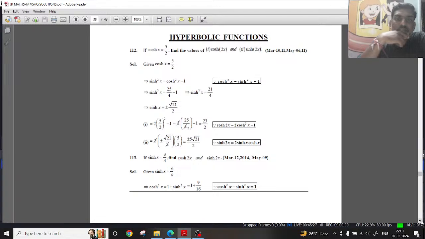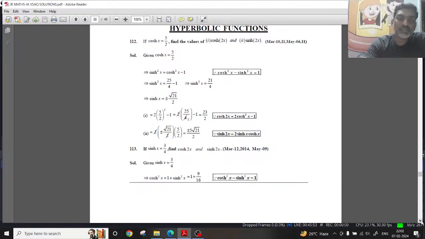And sin h2x is 2 sin hx cos hx. Substitute and simplify. Question number 113 is also the same. Sin hx is given, cos h2x they are asking, and sin h2x they are asking. Use the identity cos h square x minus sin h square x equals 1 and find the value of cos hx. Then find the cos h2x and sin h2x values.